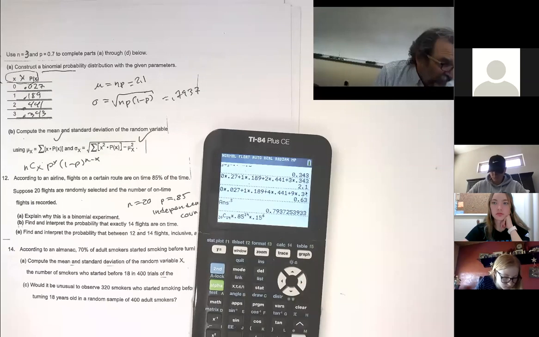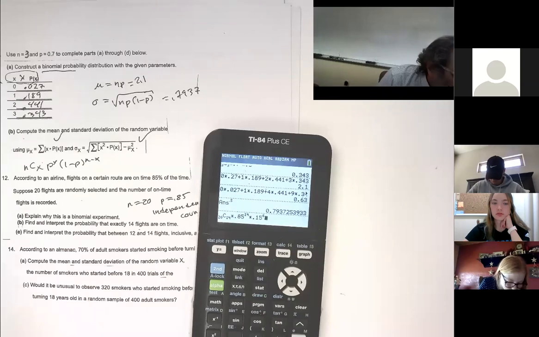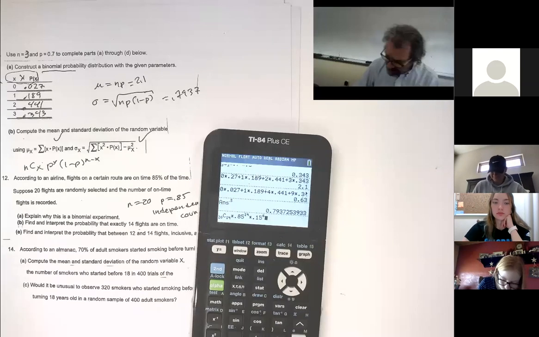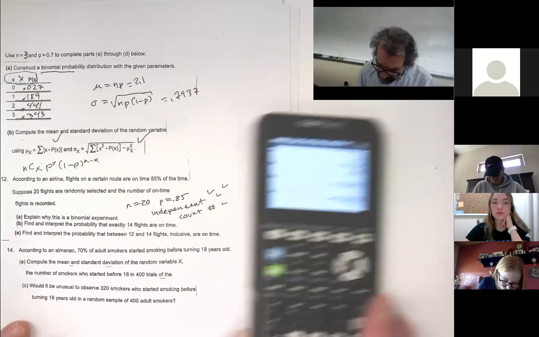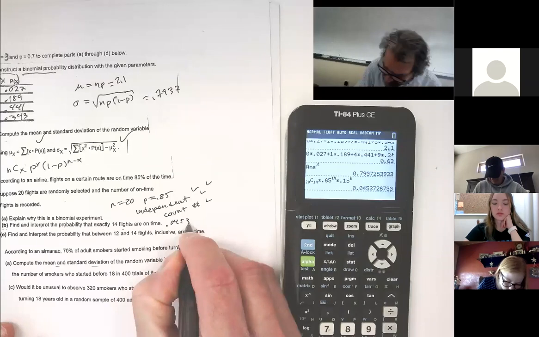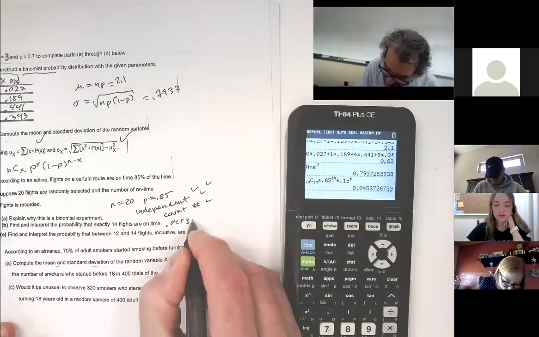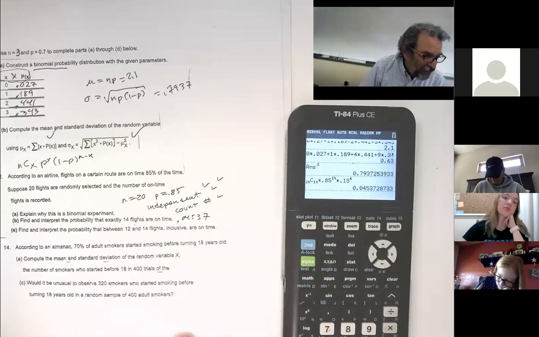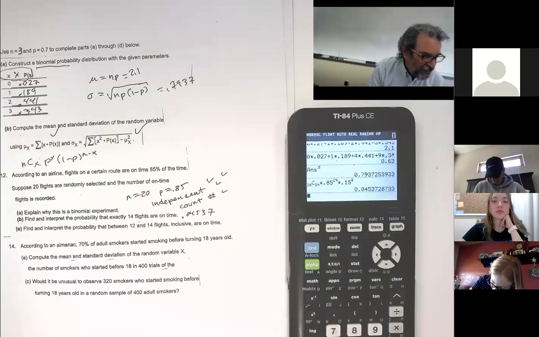There it is, 0.0453. Around 5% of the time, exactly 14 flights will be on time.